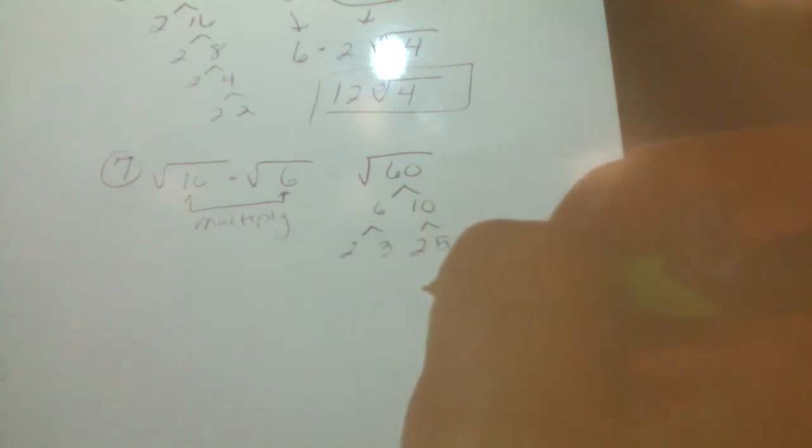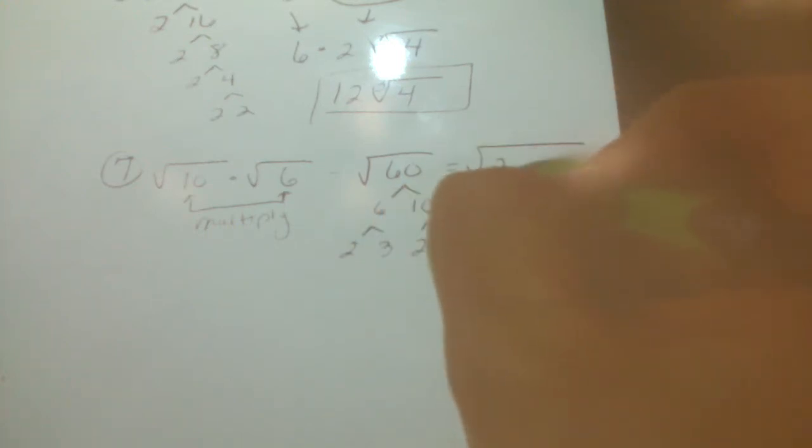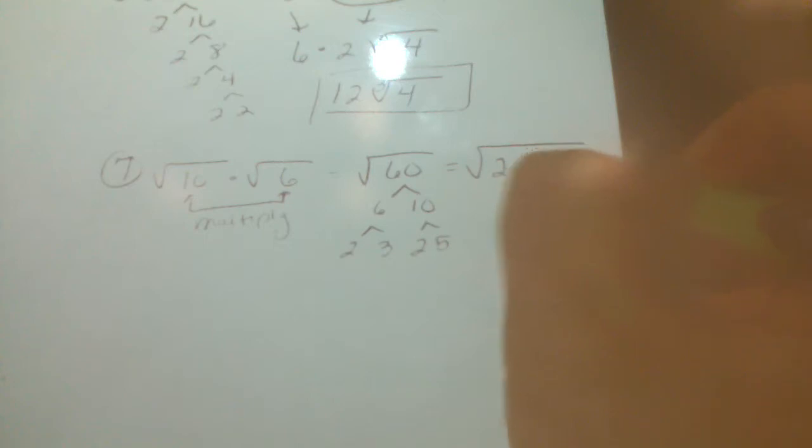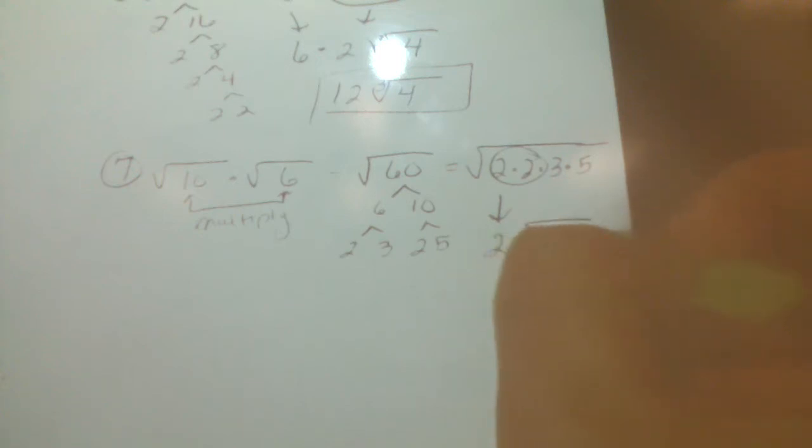Let's break down the 60. I've got 6 and 10, 2 and 3, 2 and 5. So this becomes the square root of 2 times 2 times 3 times 5. I'm going to group these two 2's together. That's what I'm going to take out. 3 times 5 is 15. So I'm left with 2, the square root of 15.